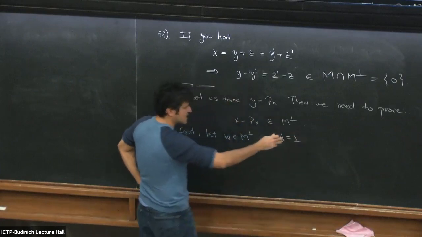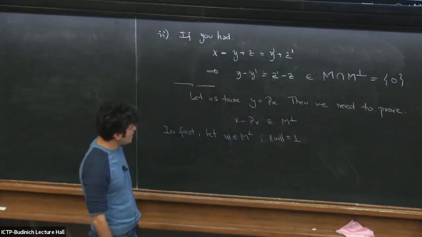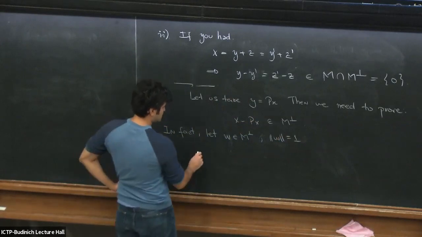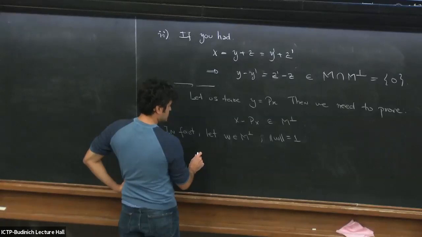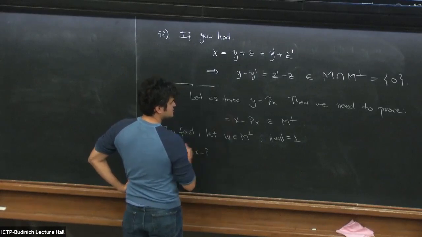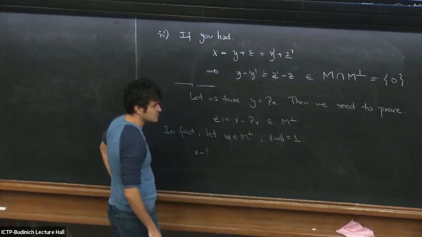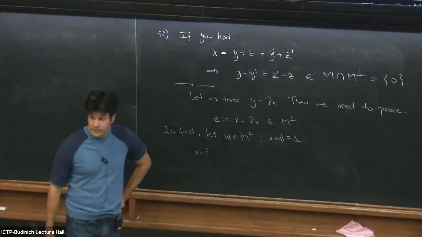I can always dilate and assume that the norm of W is 1. Let's see, I want to investigate this thing. So let's call X minus P of X, let's call it Z. Tell me.